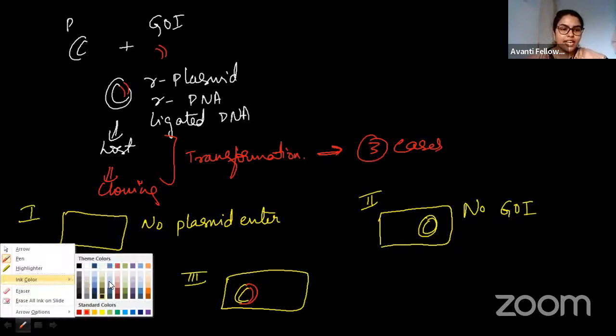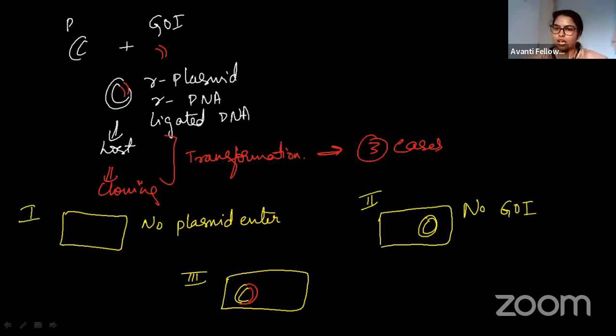For this, we gave fancy names, to all the processes. The first condition, where there is no plasmid, we call a non-transformant. For the second one, we call it a non-recombinant transformant.